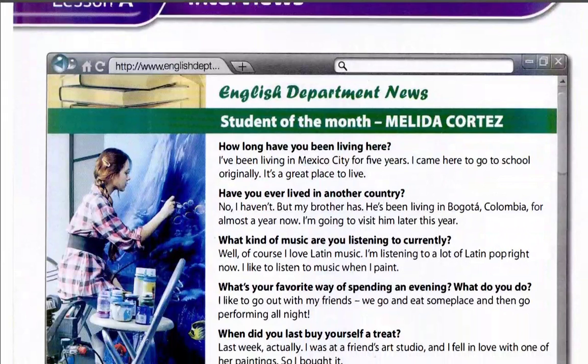So we can see there the words for almost a year now. This means that he moved there a year ago. He's still living there now. An action that started in the past and continues into the present. We use the present perfect continuous. He's been living. He has been living.